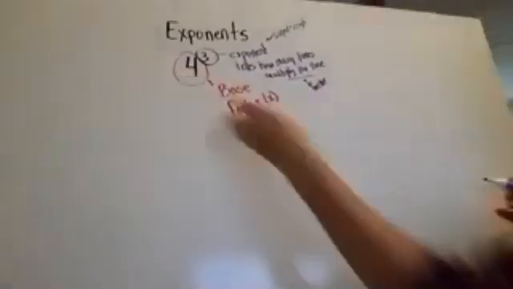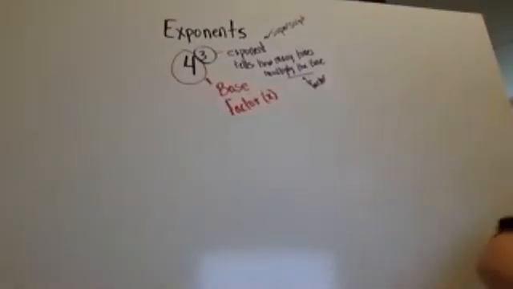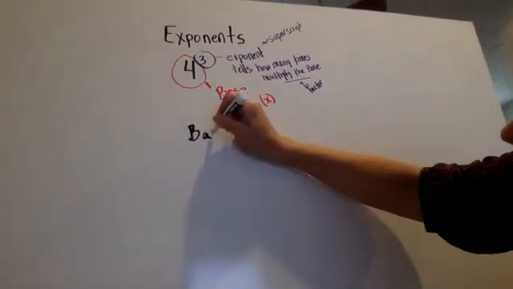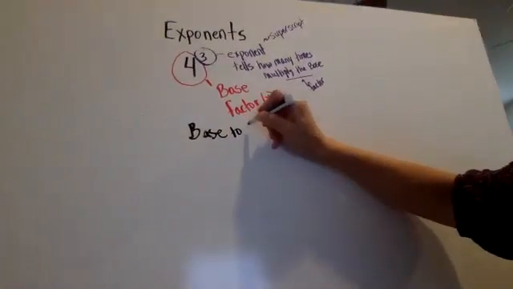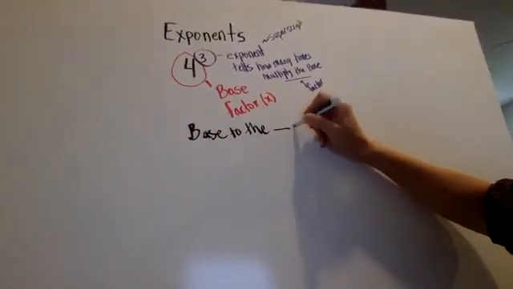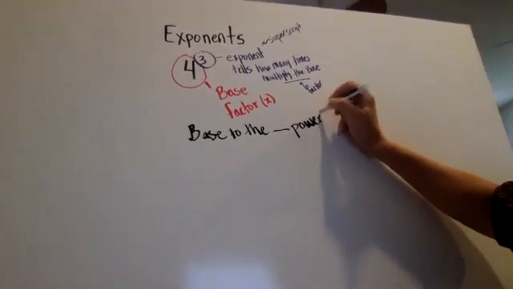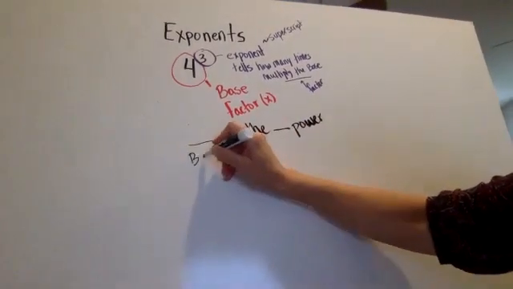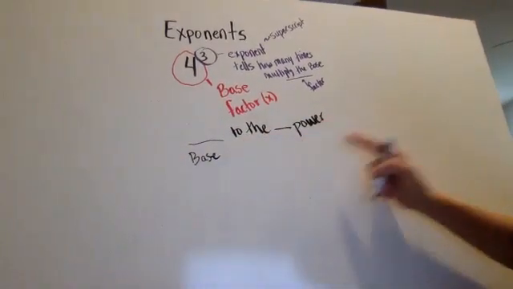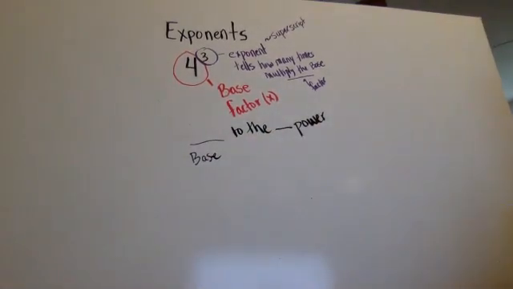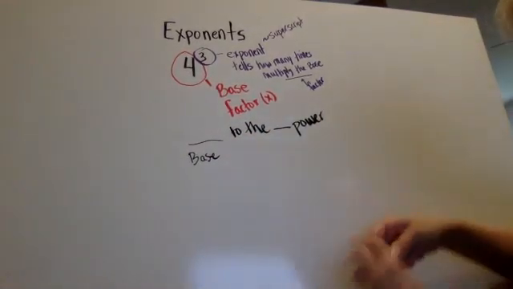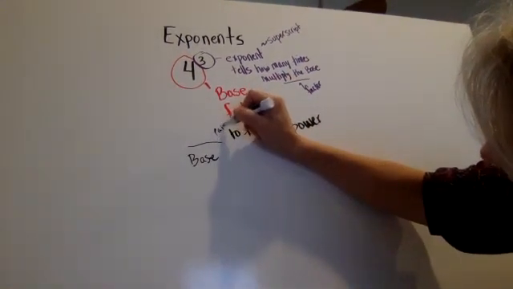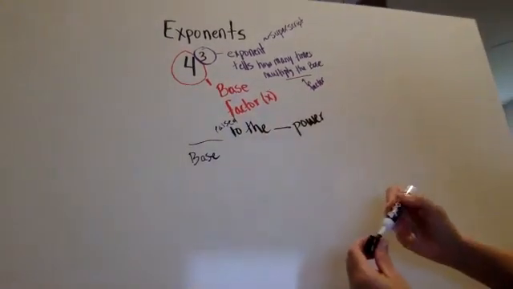The way I would say this is I say the base first, base to the blank power. So I would say the name of the base. I say it as some base raised to the blank power, or just to the blank power.